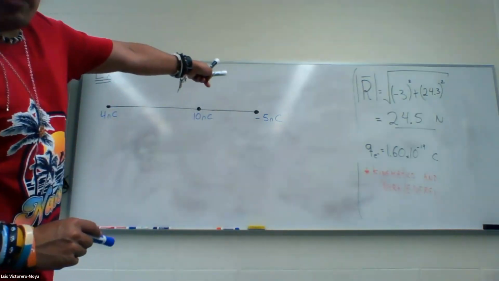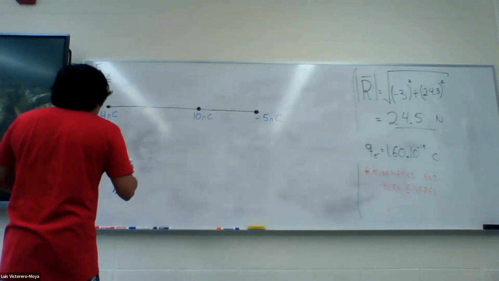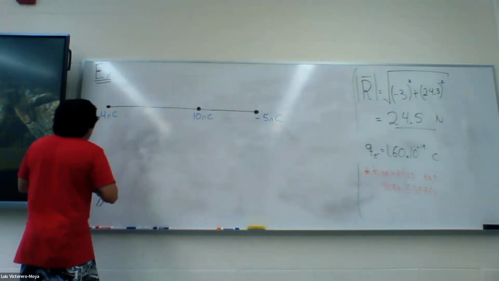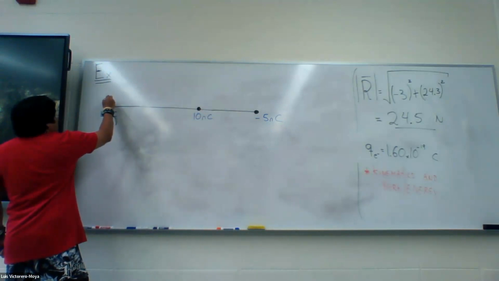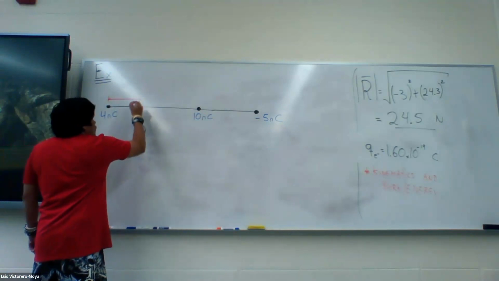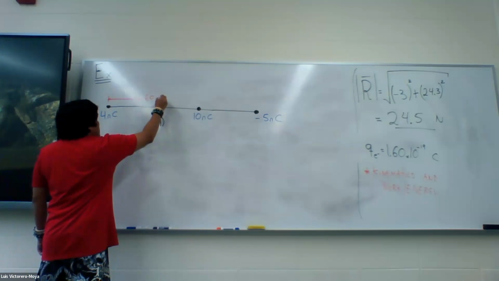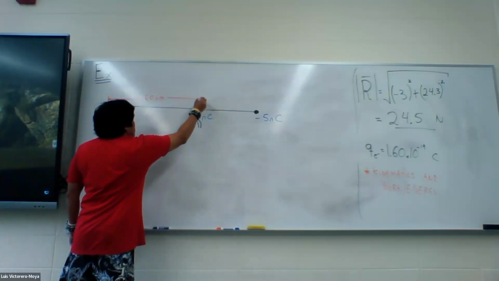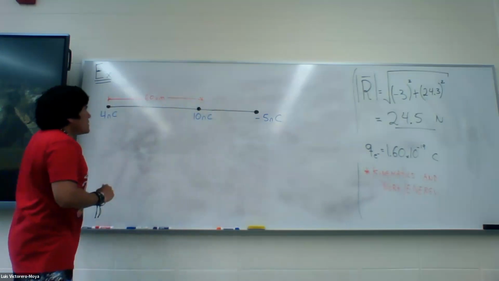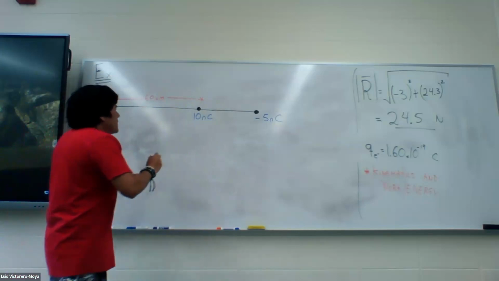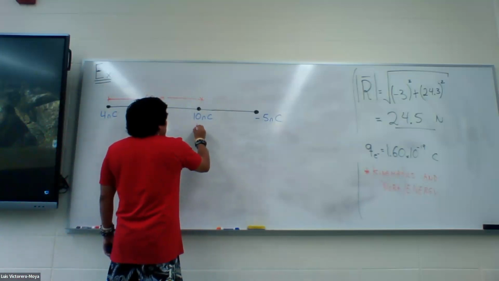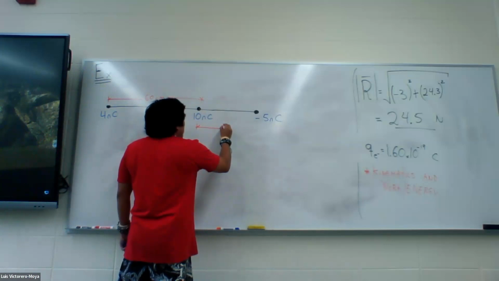Positive, positive, negative. And then I'm going to give you some distances. So let's say this distance is of 60 centimeters, 60 centimeters. And then this is 30 centimeters. No, 30, 20.